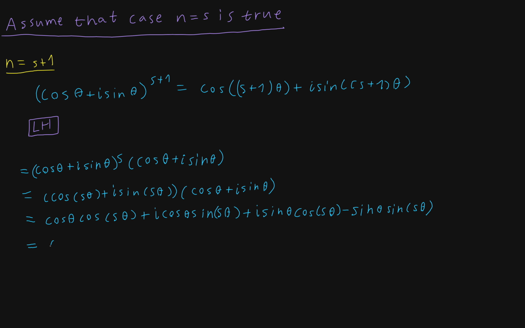So we're going to have cosine theta cosine s theta minus sine theta sine s theta, plus i, this is all factored out, cosine theta sine of s theta plus sine theta cosine s theta.